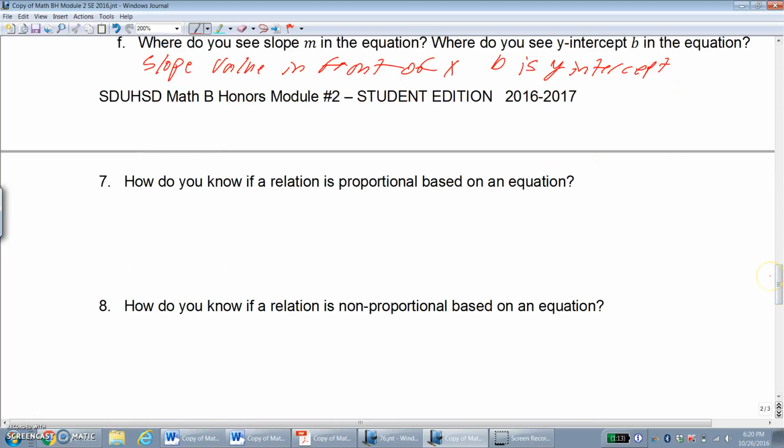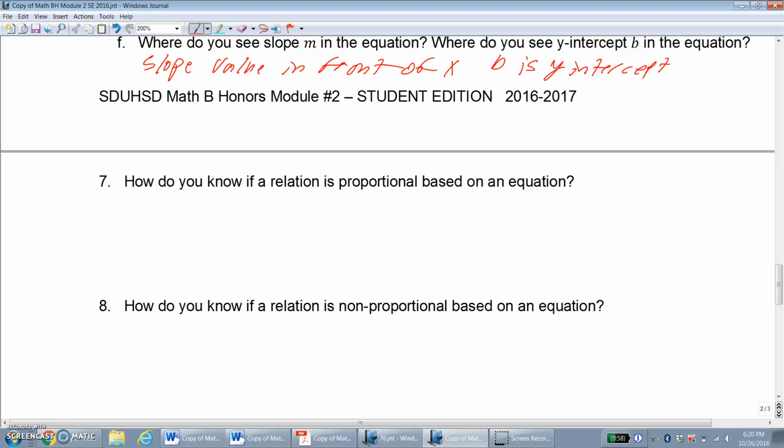So how do you know if the relation is proportional based on the equation? So really quickly, it was through 7 through 11. I'd like you guys to try these on your own. So pause it right here, and then come back and have me check the answers with you.